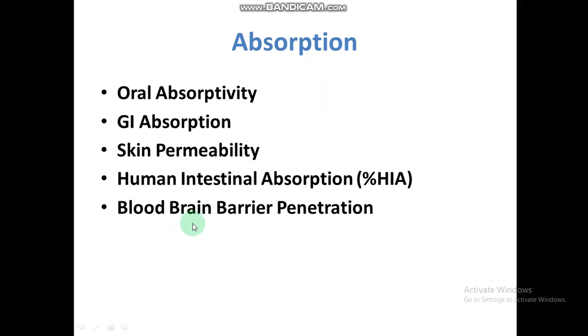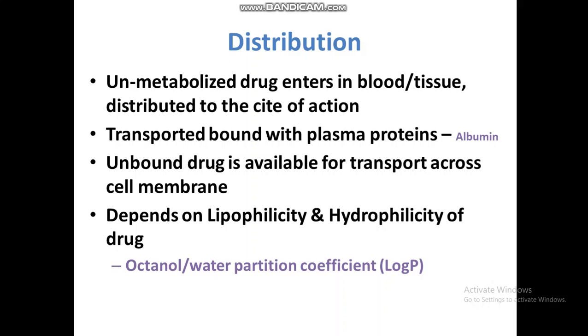So similarly, most of the medicines cannot penetrate through this barrier. So we should check whether this medicine will go to the brain or not. By keeping this in mind, we make such kinds of medicines.